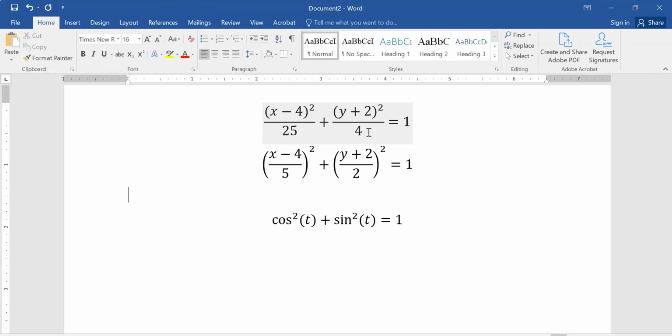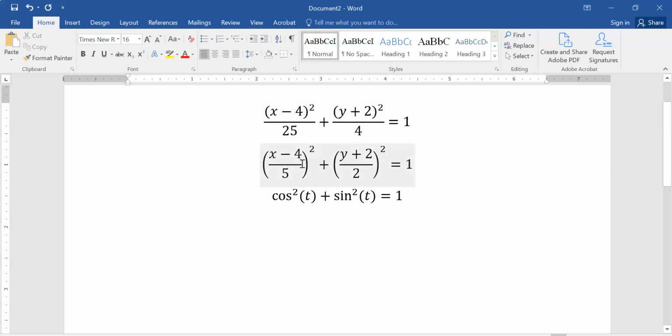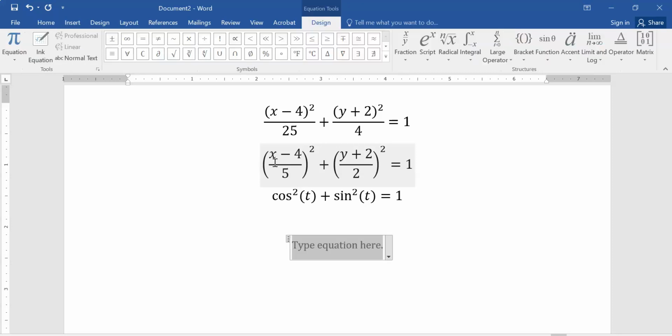Now we're matching this up with cosine squared plus sine squared equals 1. And if you can see it from here, what this means is that for the parametric equations, this first fraction, x minus 4 over 5, is going to have to be equal to cosine of t.